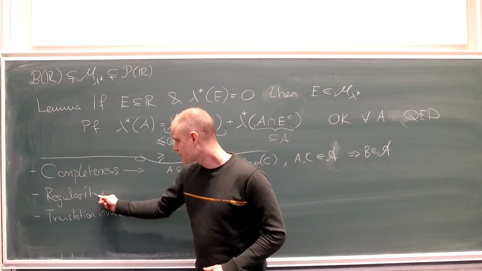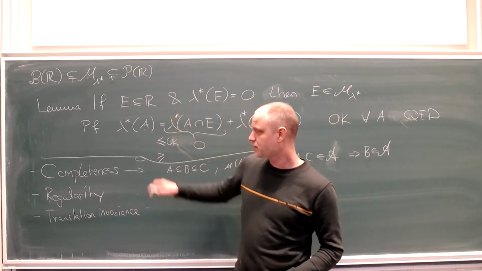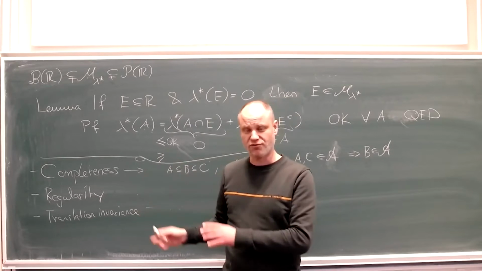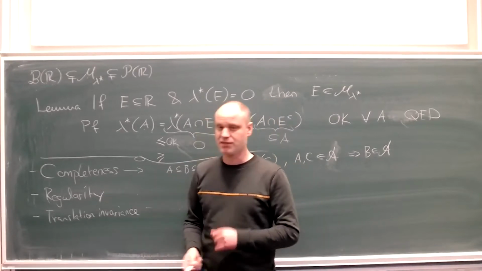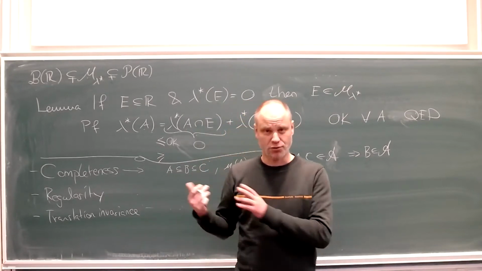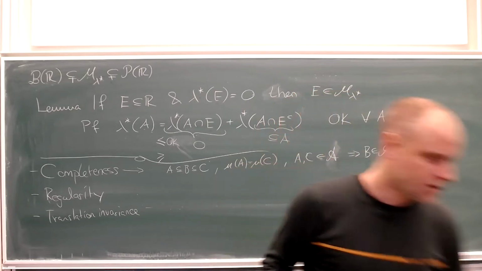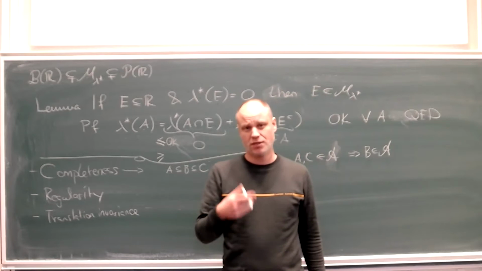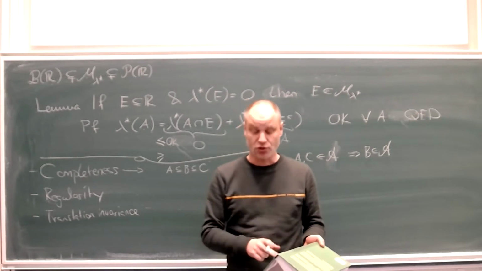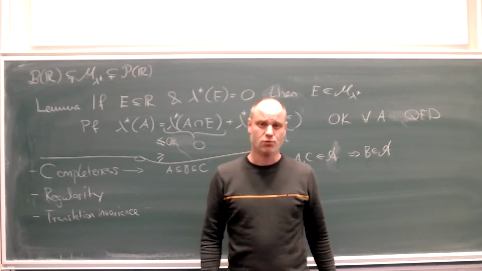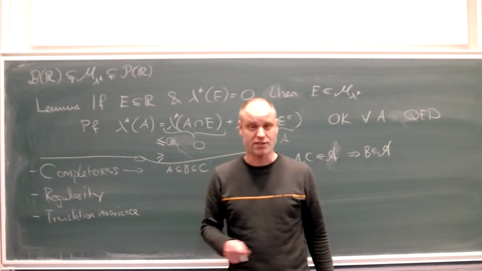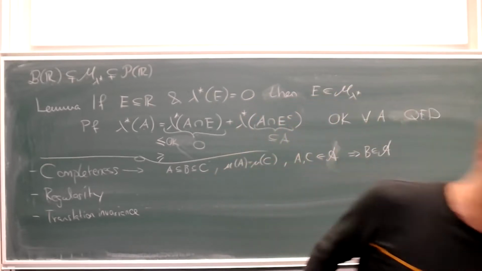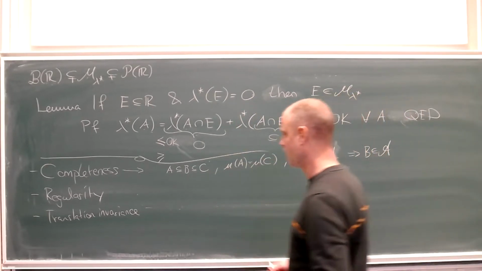Regularity. Completeness is in section 1.5. Most of the regularity business is in section 1.5 as well. But for the particular case of the Lebesgue measure, the regularity statement is the first theorem in chapter 1.4. So 1.4.1 is a regularity statement, and that we will have use for.